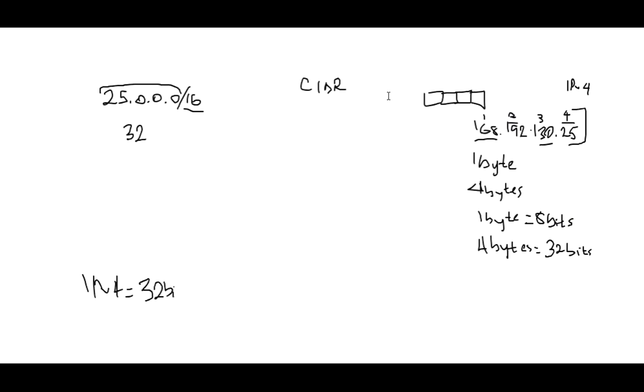So when you see a CIDR like this, CIDR 16, CIDR 28, a CIDR can take place from CIDR 0 to CIDR 32. But on the AWS platform, your CIDR can only be from CIDR 16 to what? CIDR 28.